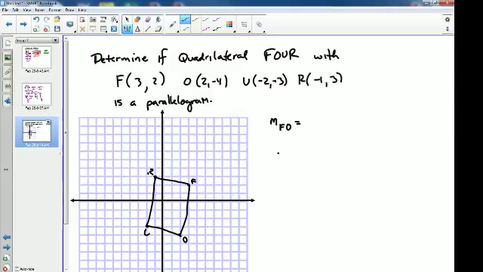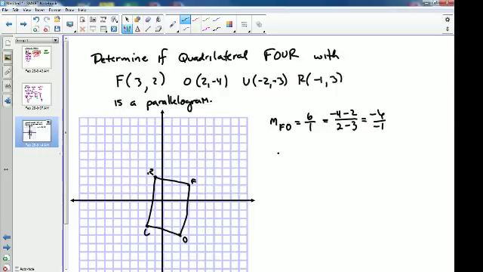You've graphed it, so you can count: 1, 2, 3, 4, 5, 6, left 1. You got graph paper, you're good there. You could also use the slope formula. Same answer. Take your pick. That's the slope of FO.